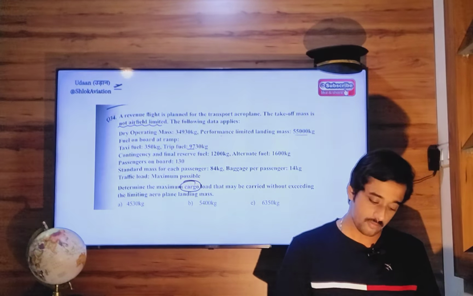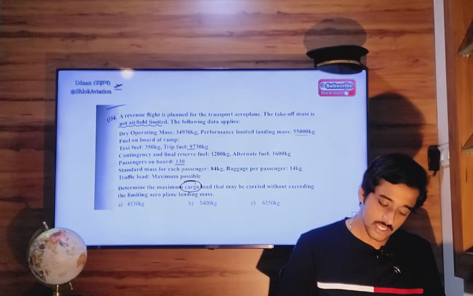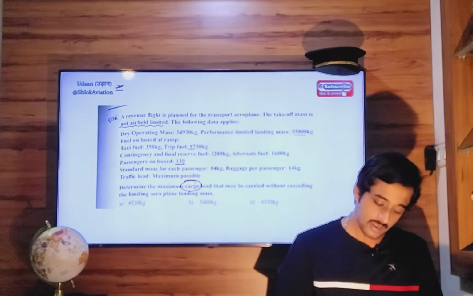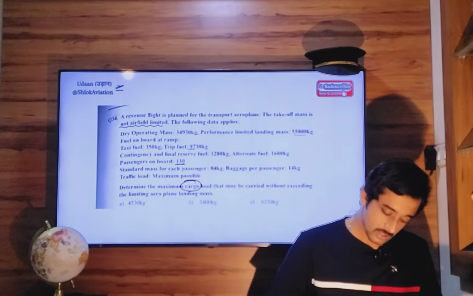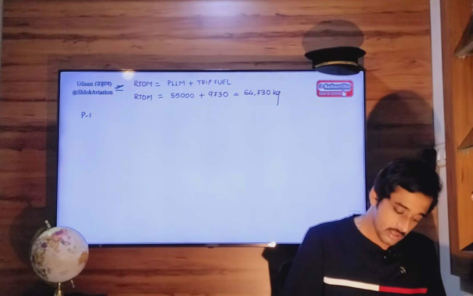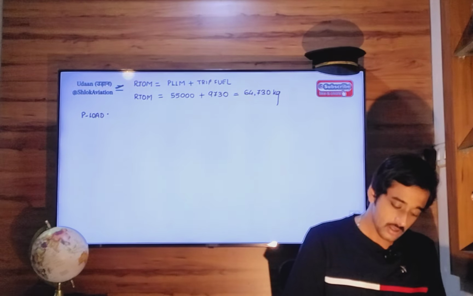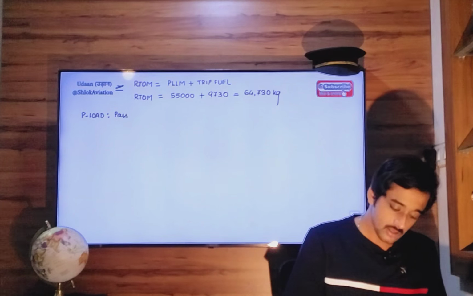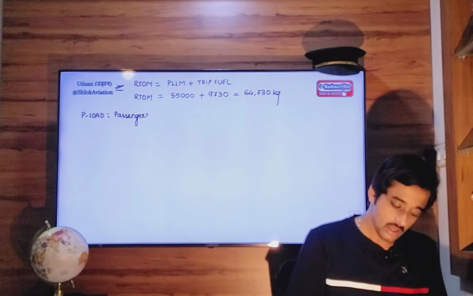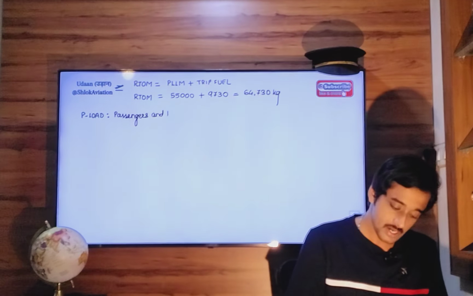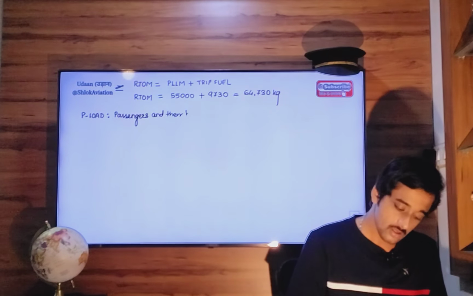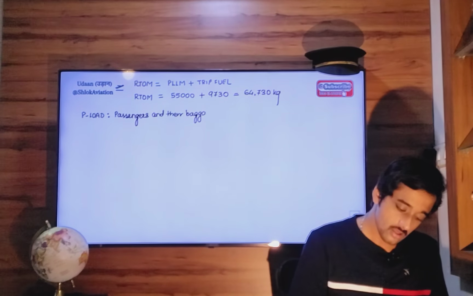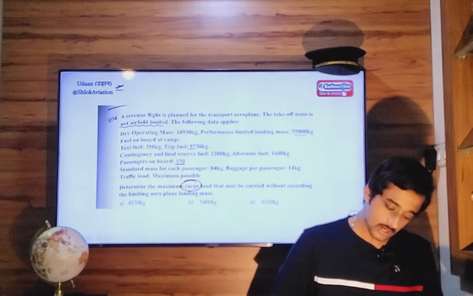We know the payload. Payload is nothing but passengers and their baggage. Now we have 130 passengers on board. Payload equals passengers and their baggage, right? So how many passengers? 130.